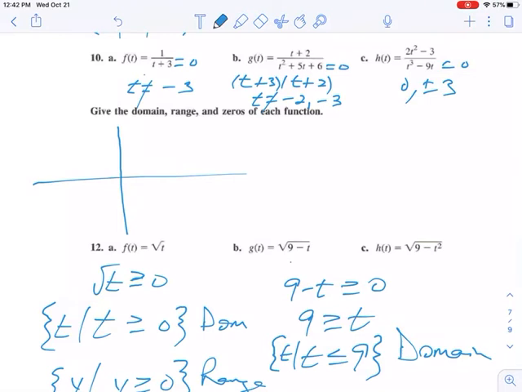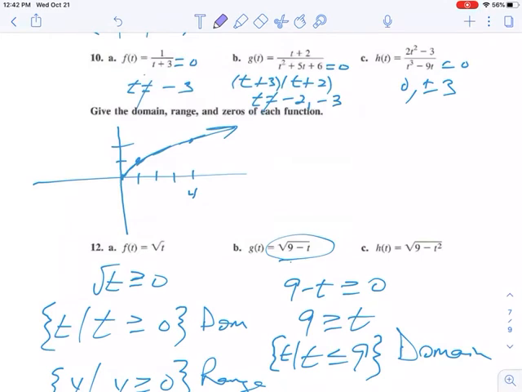Do you remember the graph of the square root function? It starts at (0, 0), and (1, 1) is on your graph, and (4, 2) is on your graph, and so forth. This is kind of like a half parabola going sideways up this way. What does the 9 minus t do to this graph?